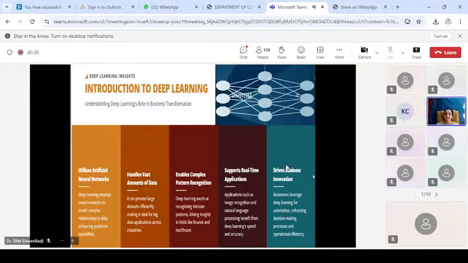Then coming to DL, deep learning, it is a subset of machine learning. It utilizes intricate neural networks, specifically deep neural networks with multiple layers, so that it can analyze as well as interpret large data sets.